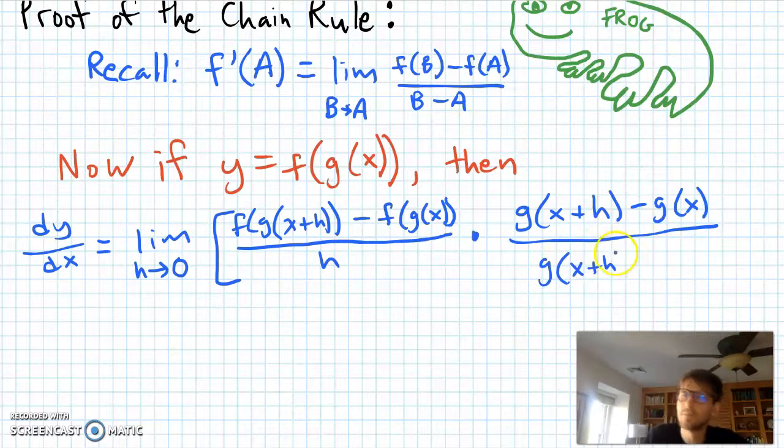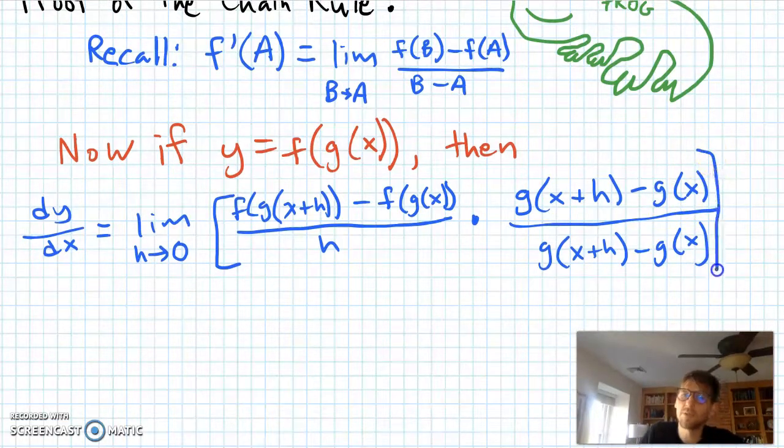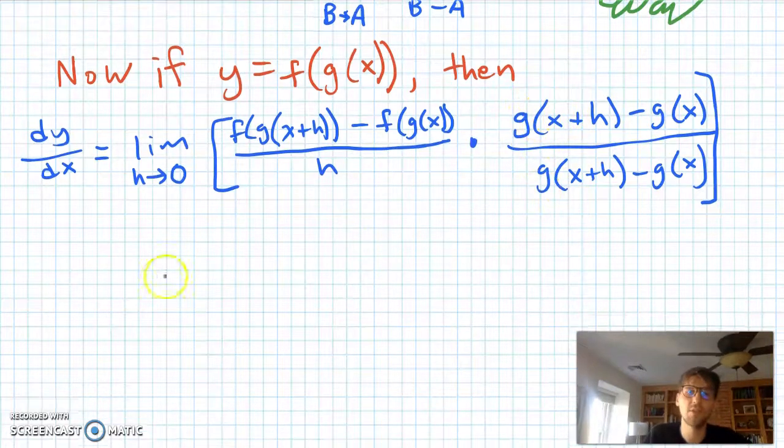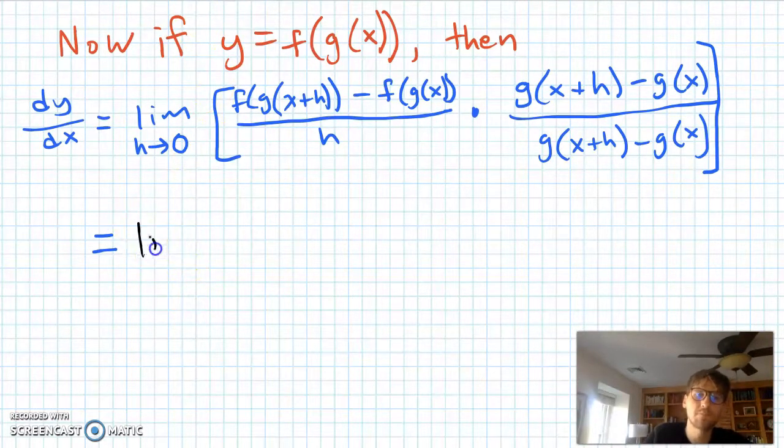What I'm doing structurally to help with this proof is multiplying this by the difference of g of x plus h minus g of x over itself. So it's not changing the value of this. It's just going to give me something that will allow me to simplify.